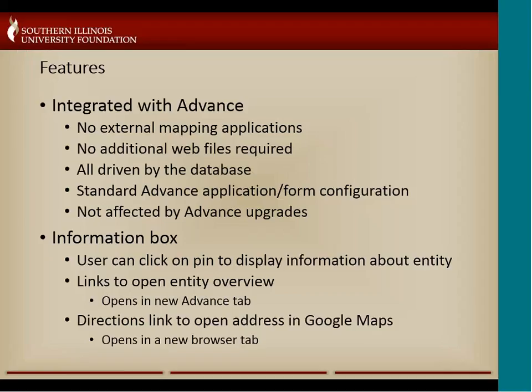The user basically would click on the pin on the map and it would pop up this display window of that entity. And we added some links to be able to open up that entity record within our Advance application without navigating away from the map. And then also a directions link. From there, they click that link and it goes straight to Google Maps and allows you to do directions. You can do the street view of the house and that sort of thing.